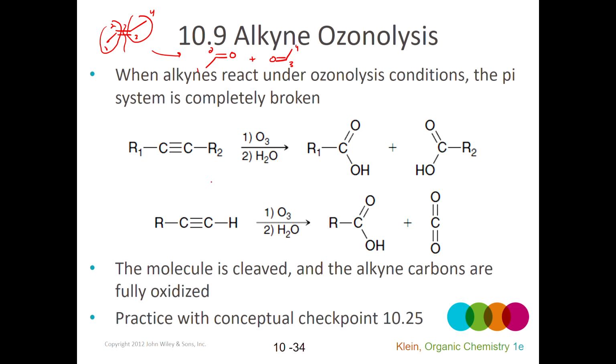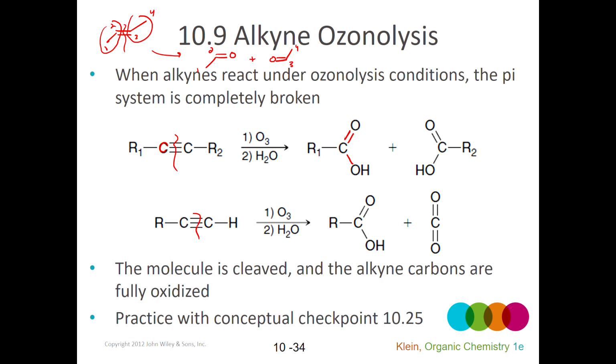Same thing happens with alkynes, except now if I break the whole thing and separate it into 2 pieces, the carbons aren't just going to have a CO double bond, because they still need 3 more bonds to make up for the fact that they have 3 bonds breaking. And so the extra bond ends up connecting to another oxygen. So we're just fully oxidizing the carbons all the way up to the carboxylic acid.